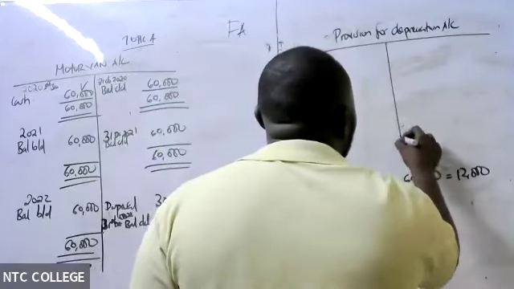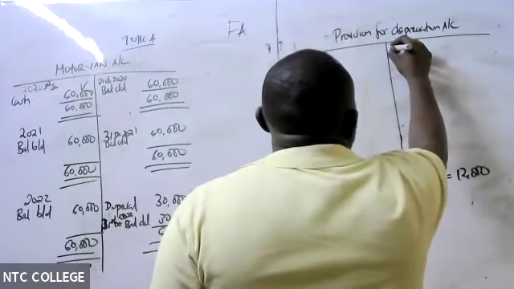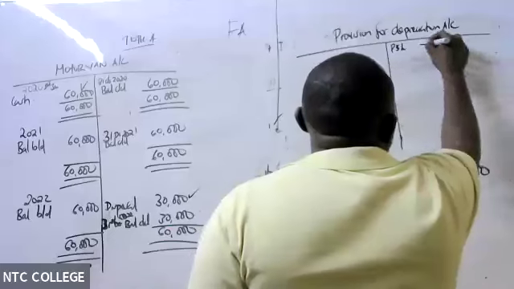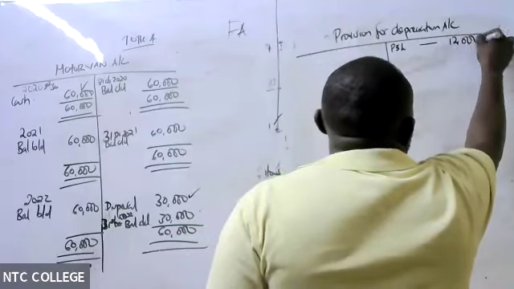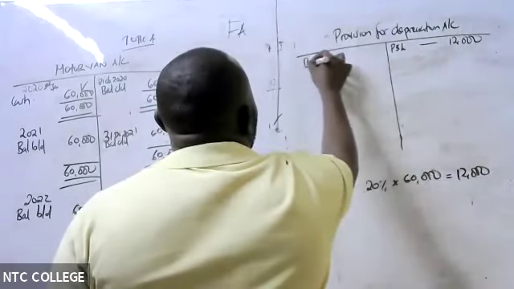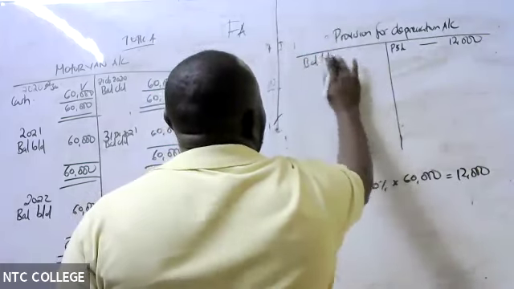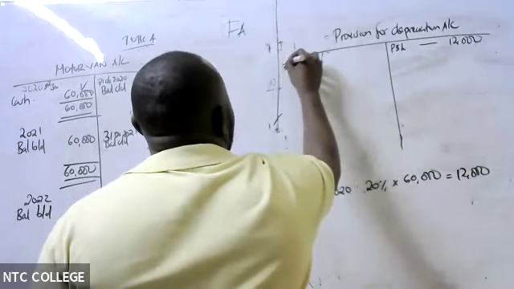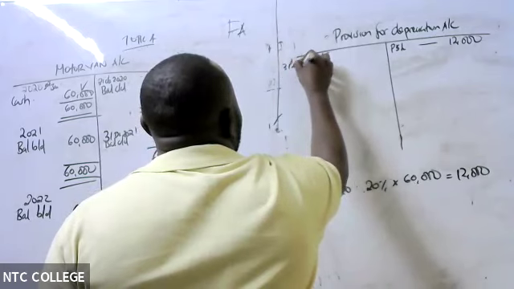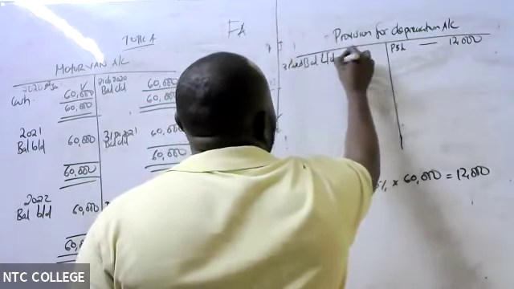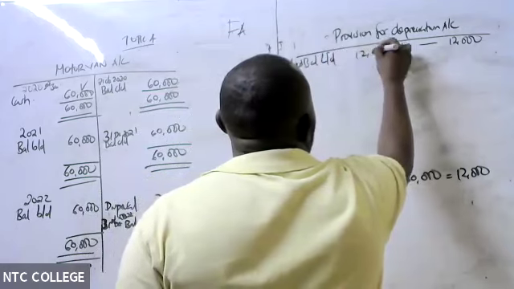So when I open provision, I'll say P&L, that should be 12,000. Then you have balance carried down, that should be 12,000.